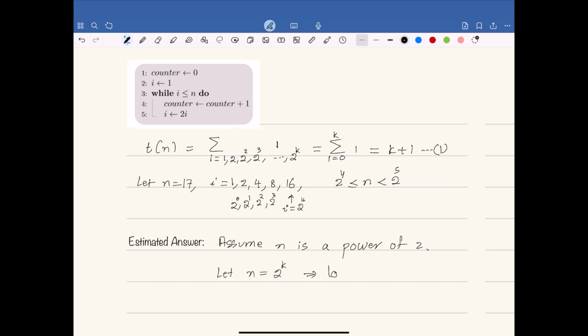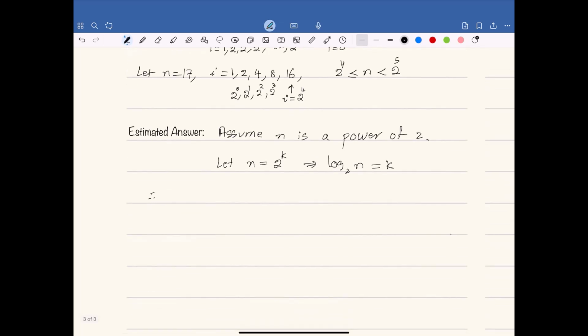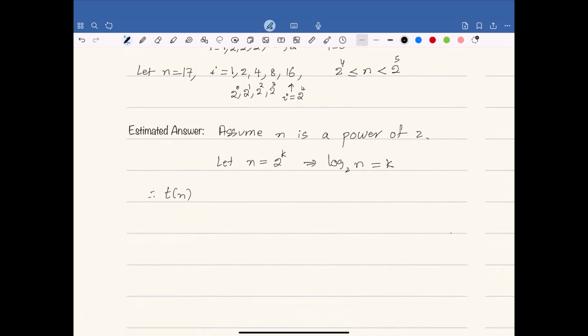You will have log 2 of n is equal to k. Now substitute for the value of k into this equation, and we will say that T(n) is equal to k plus 1, and this is equal to log 2 of n plus 1. And this belongs to big theta of log n in general.